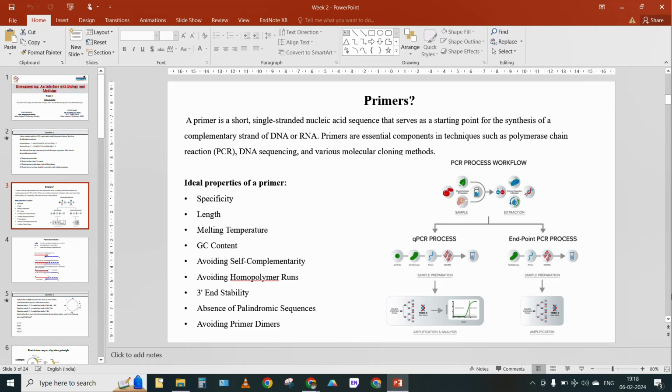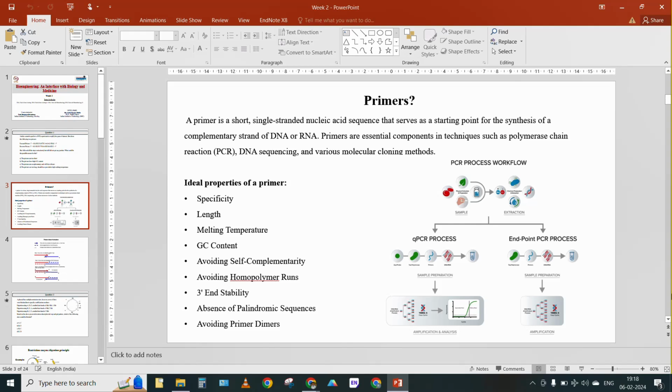Next is 3-end stability. The 3-end of the primer is critical for proper binding and initiation of DNA synthesis by the polymerase enzyme, which is the main reason for DNA synthesis. This ensures the 3-end is stable and does not contain any mismatches with the template.